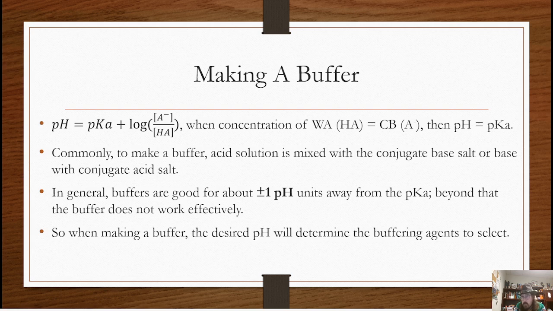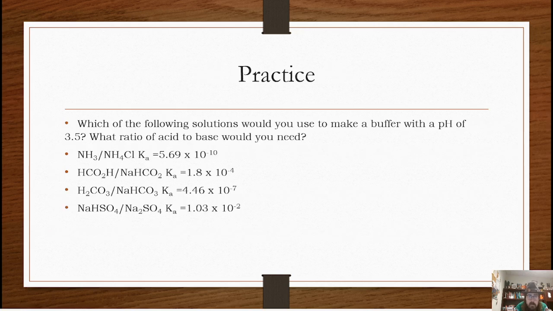And you need to make sure your buffer itself is not likely to react with any of the compounds you might be treating it with. With that in mind, you can easily pick a buffer. So with this in mind, for this example: which of the following solutions would you use to make a buffer with a pH of 3.5?